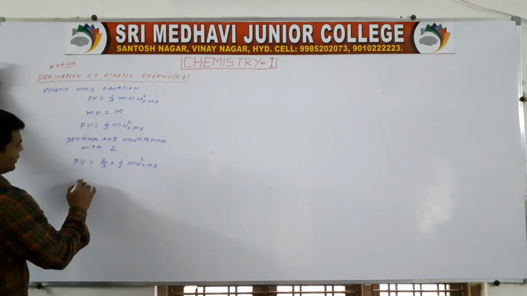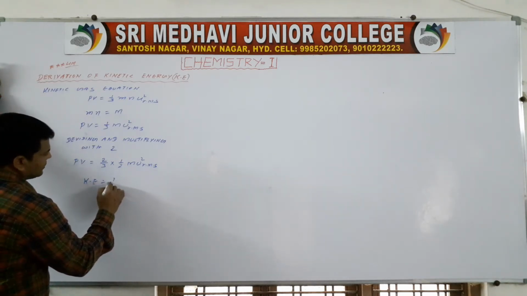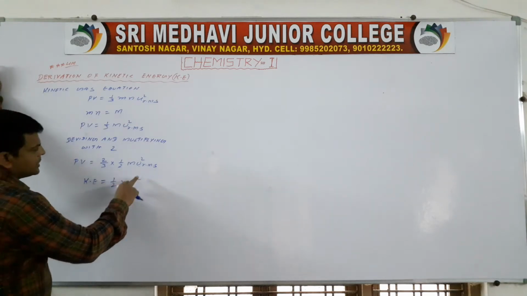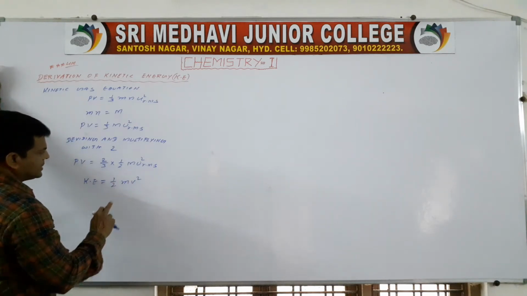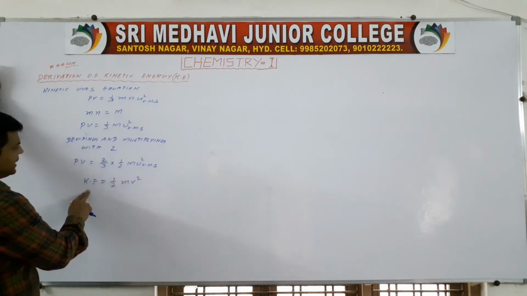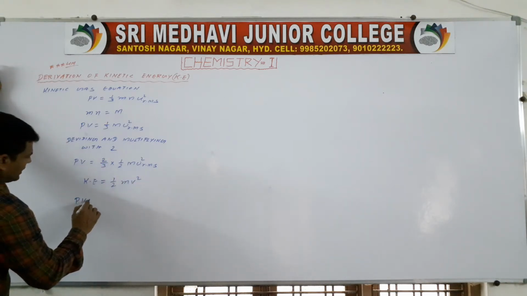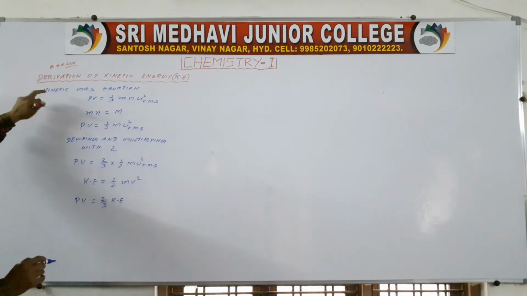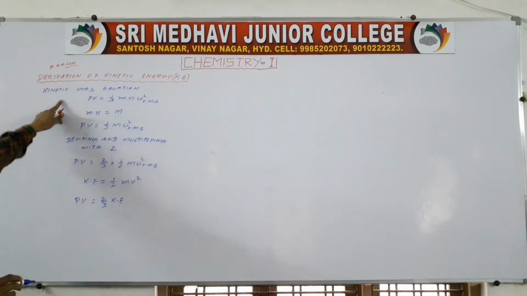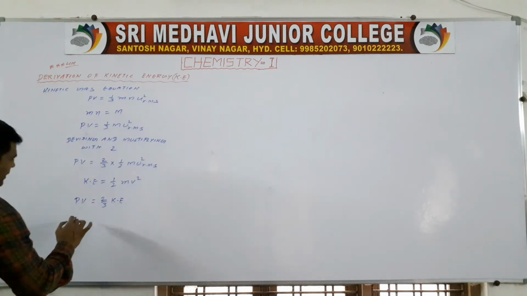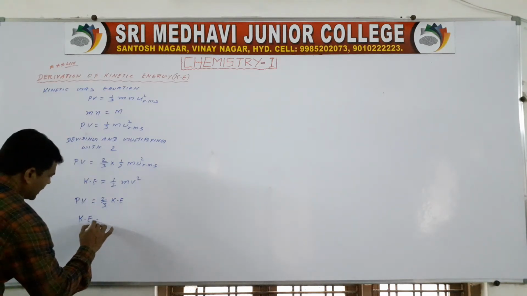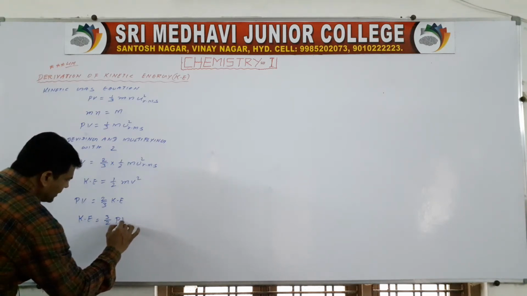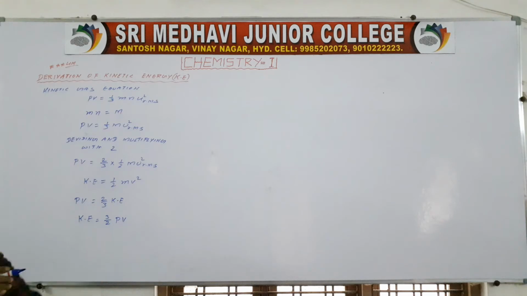Now we know KE equal to half m v square, and u is nothing but v, both are velocities. So in place of half M u square I am writing KE. Then PV equal to 2 by 3 KE. Because we are going to deduce kinetic energy, we want KE. Then kinetic energy KE equal to 3 by 2 PV.